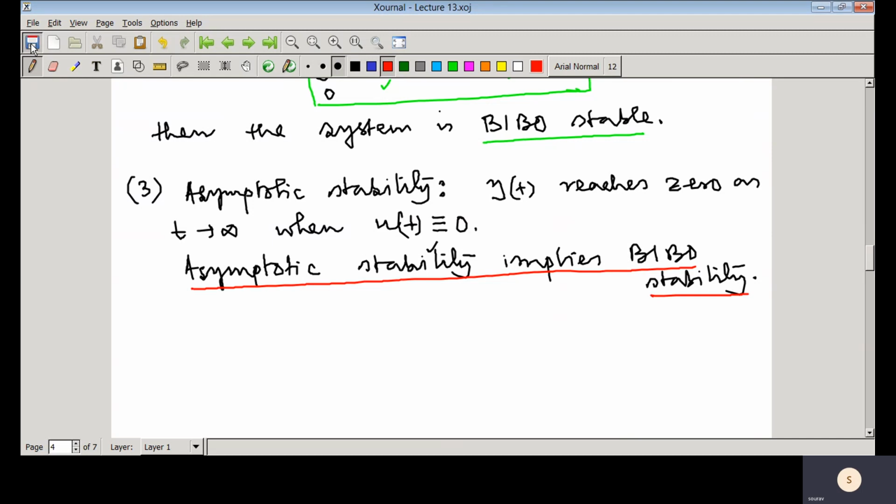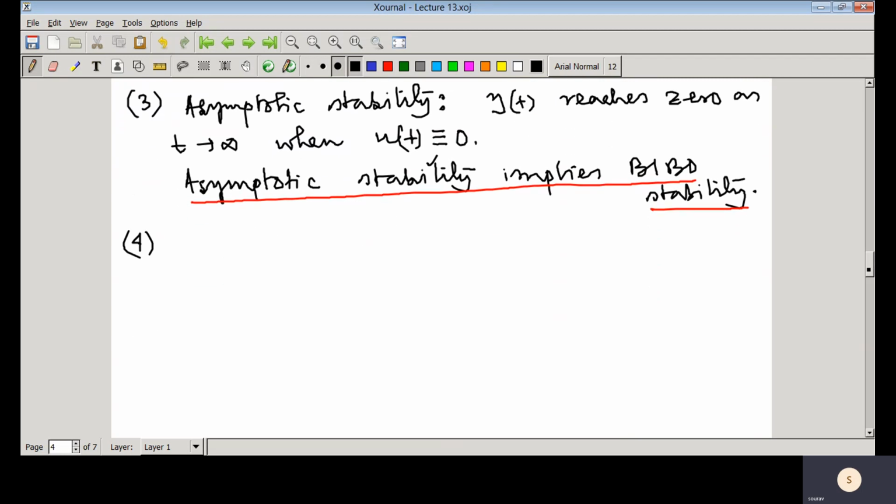So now let us see how the asymptotic stability or BIBO stability in case of LTI system is related to the poles of a transfer function. That is very important, because just by looking at the pole location of the transfer function, we'll be able to say whether the system is asymptotically stable or BIBO stable or not.